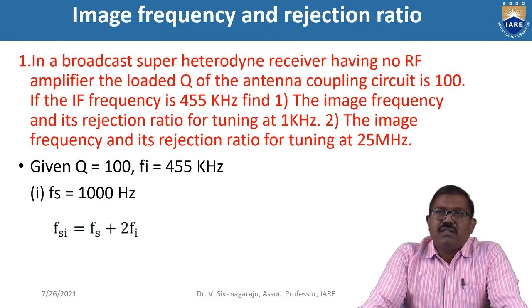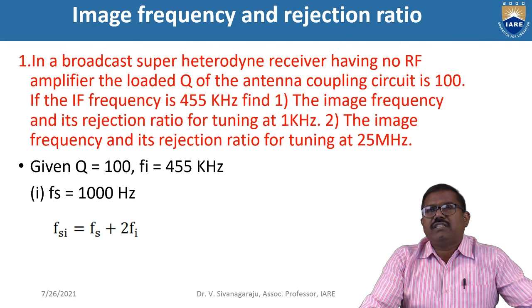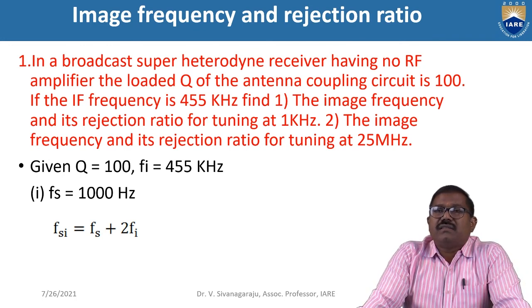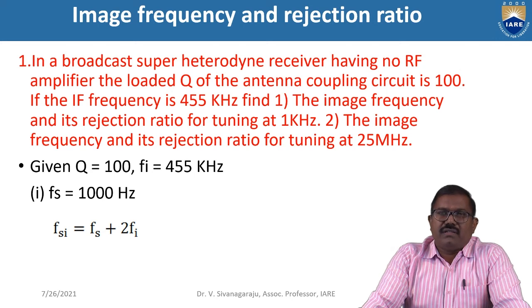In the first bit, the signal frequency is 1 kilohertz. So Fs is 1 kilohertz and the intermediate frequency Fi, or FIF, is 455 kilohertz. Knowing the formula, we are going to substitute these values.